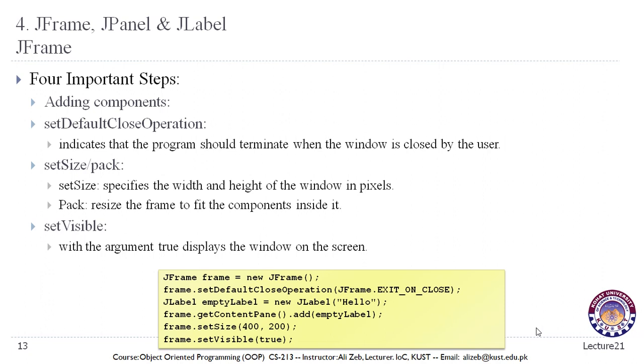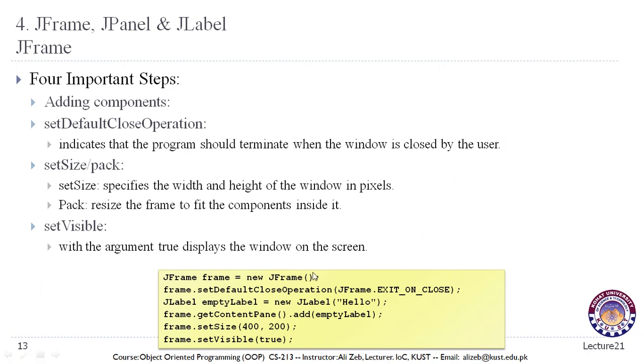So you have created an object of the JFrame class. Now the frame set default close operation, and this will tell the compiler to terminate the window when the user closes the window.